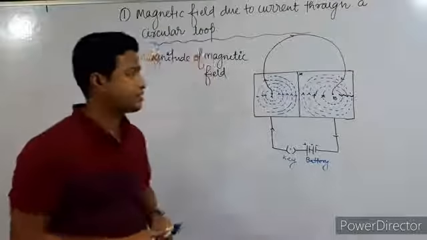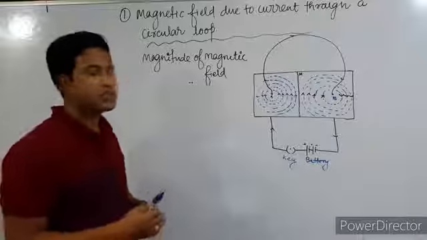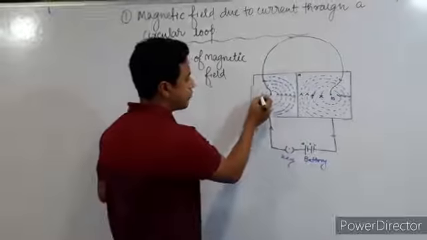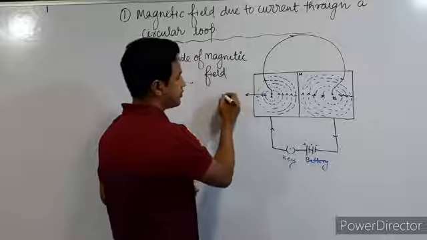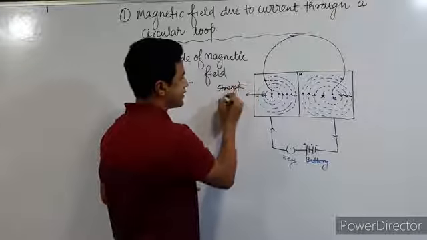Now the second thing is, it is inversely proportional to the radius of the circular loop. Inversely proportional means the more you go away from the center, the strength decreases.